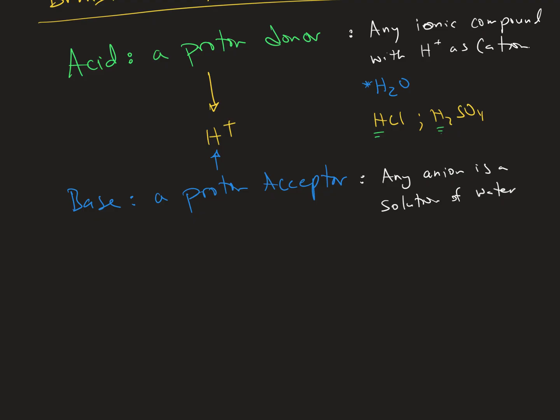So again, it has to be aqueous, okay? Why an anion? Anions are negative, and if it accepts a proton, which is an H plus, which is a positive charge, negatives attract the positives. You with me? That's why.